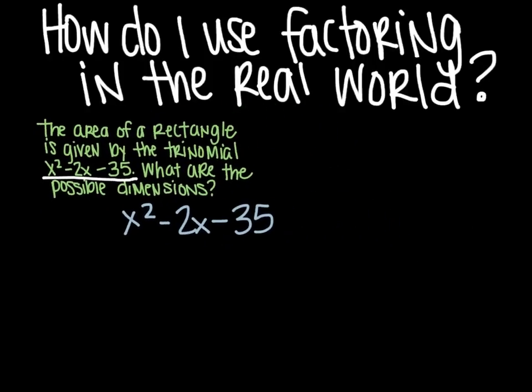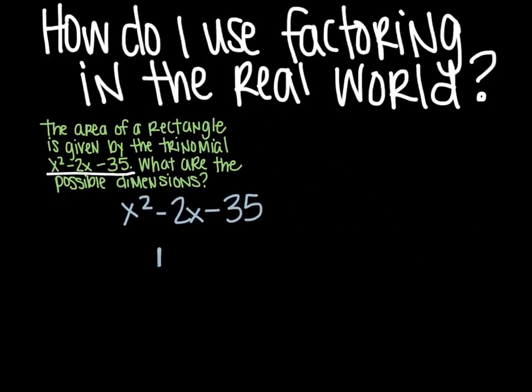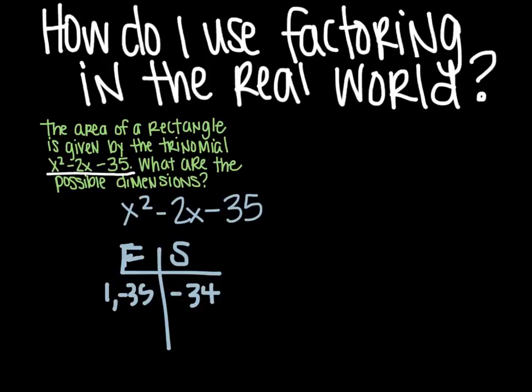The best way that I can think of to tell you is just make that table again of factors and sums and then just go through and brainstorm. So for example, 1 and negative 35 would be negative 34. Positive flip-flopping those signs isn't going to work. 5 and negative 7 are factors, and hey, what do you know?